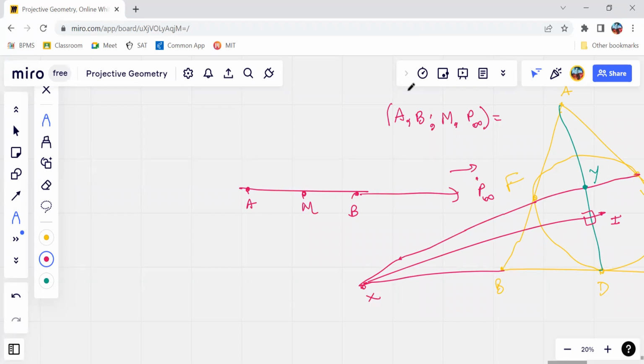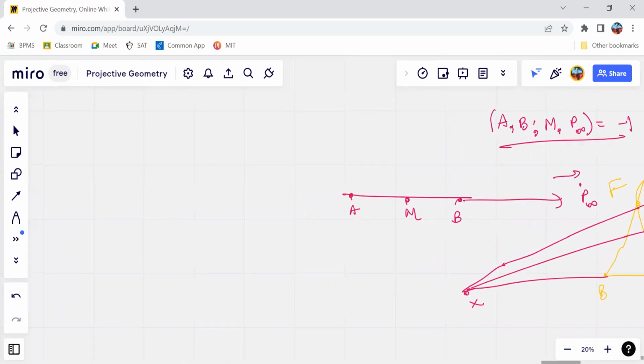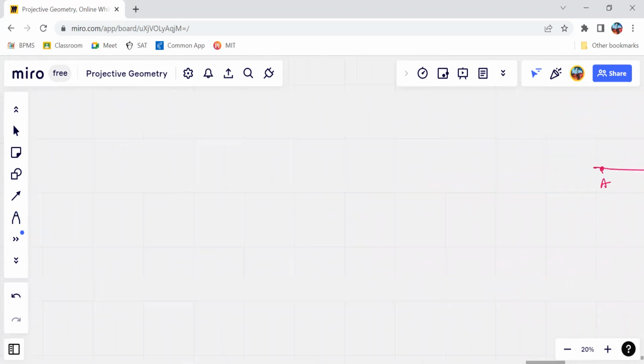It's -1. Because MA by MB is just 1, and P infinity A and P infinity B just becomes 1, because at infinite distance they're essentially the same length. So this is actually just -1. This is quite a useful thing to keep in mind.